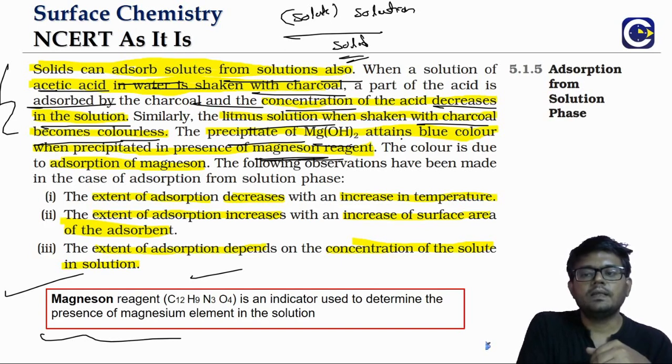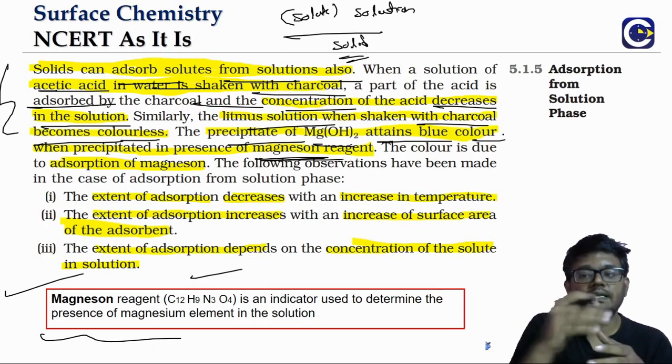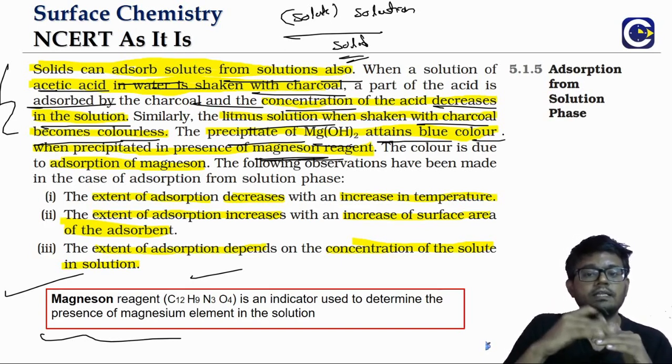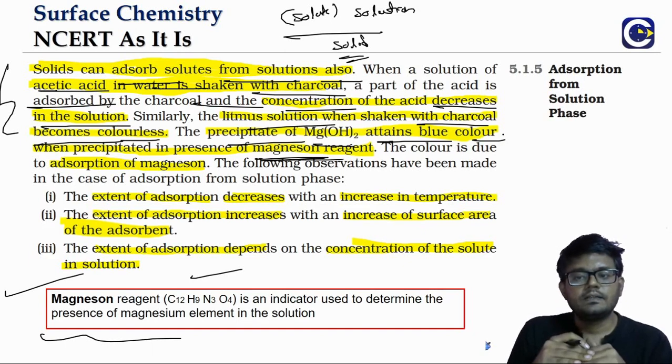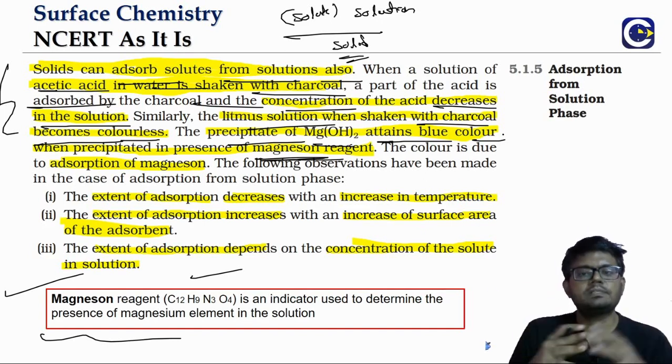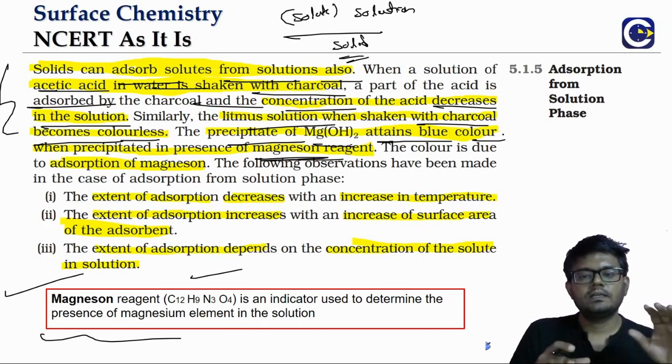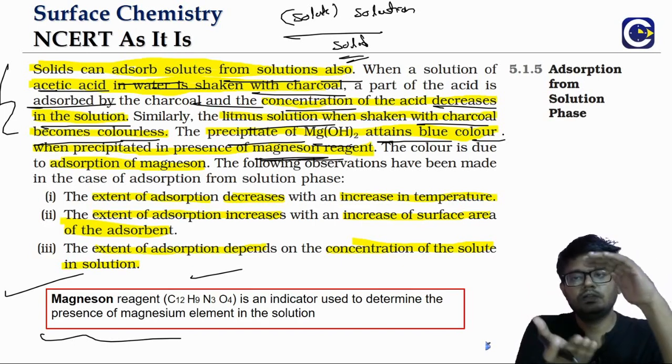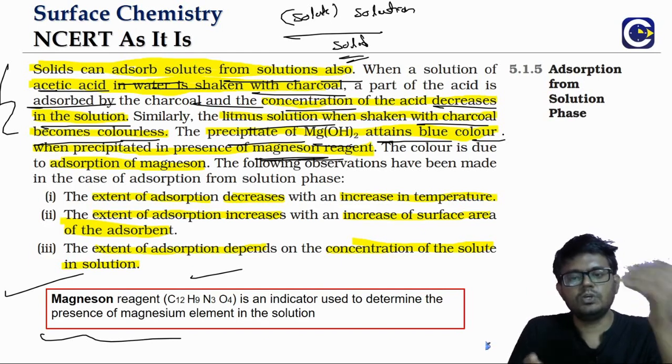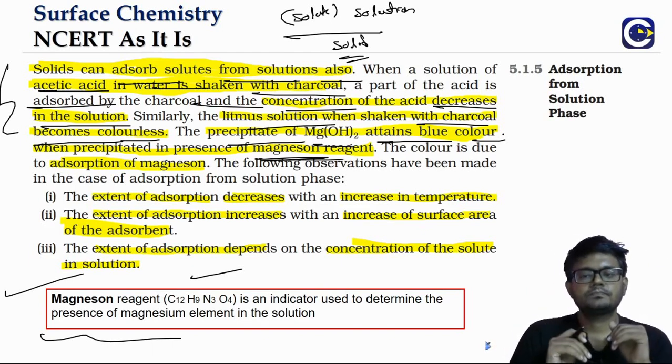So the precipitate of magnesium hydroxide will attain the blue color, because the Magneson reagent will be getting adsorbed on the surface of the magnesium hydroxide. When you look at examples like this, the idea we get is that even from liquid solutions, the solute particles can come and adsorb on the surface of the solid.